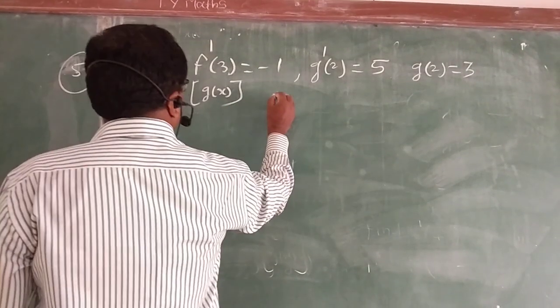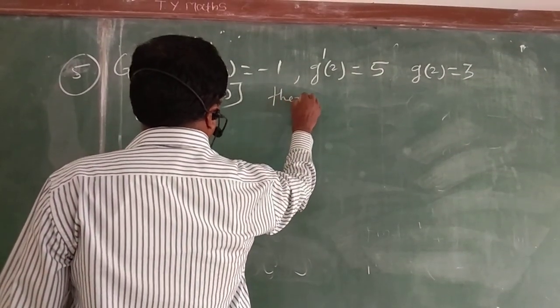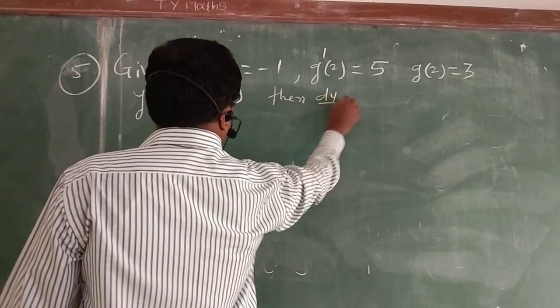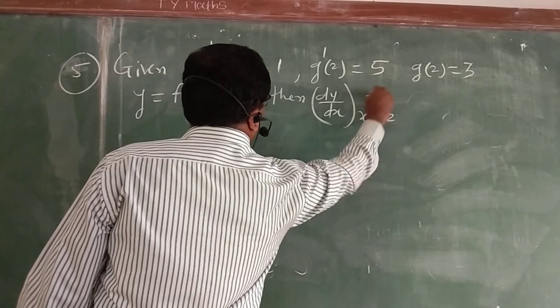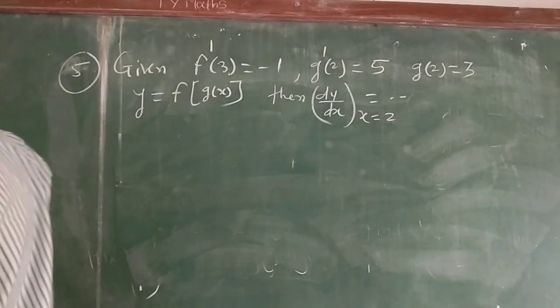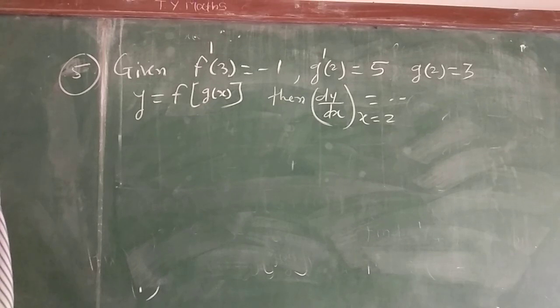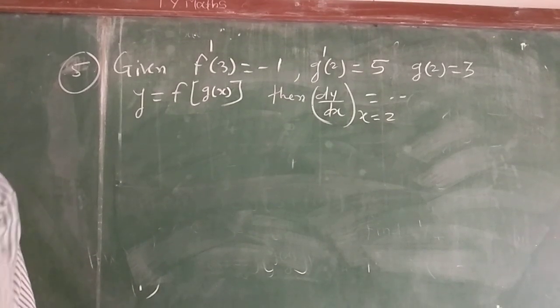Then dy by dx at x equal to 2 is equal to dash dash dash.